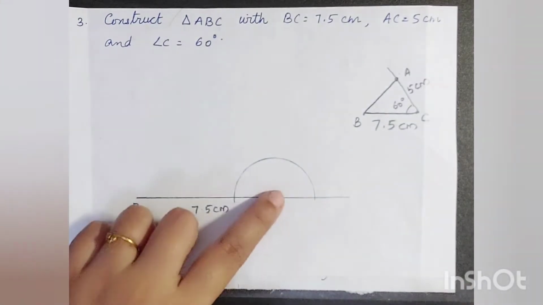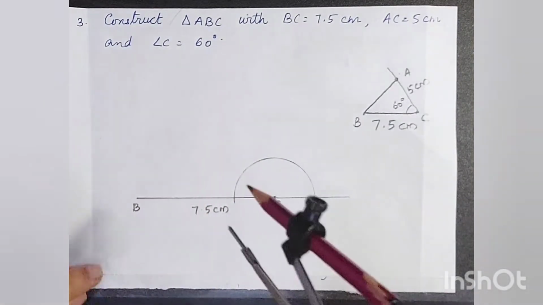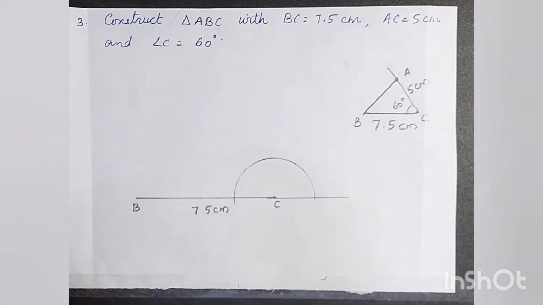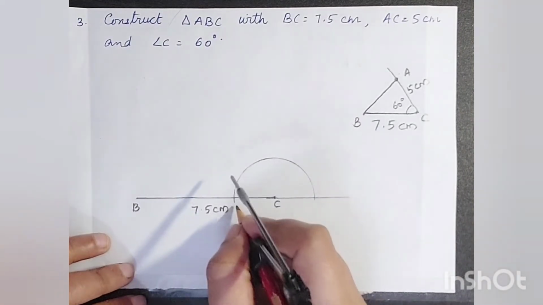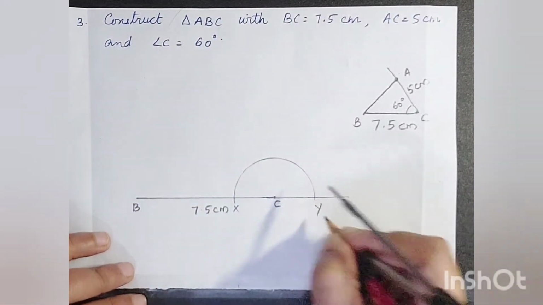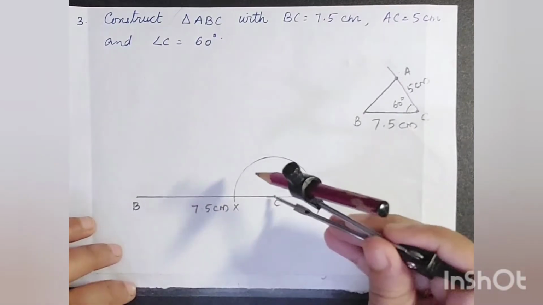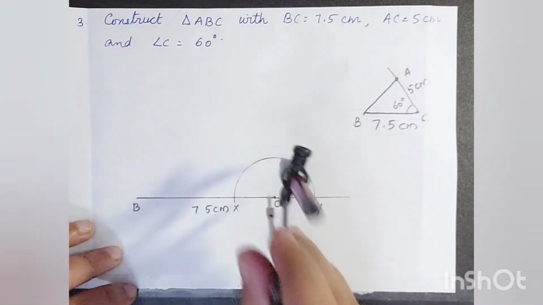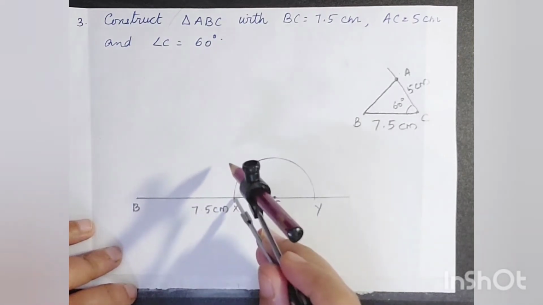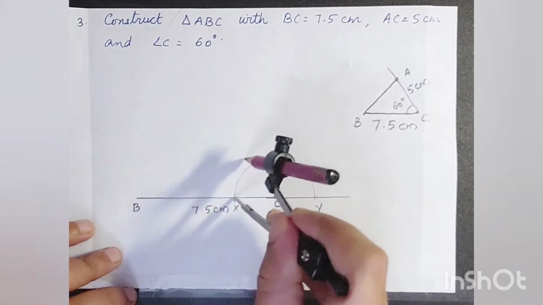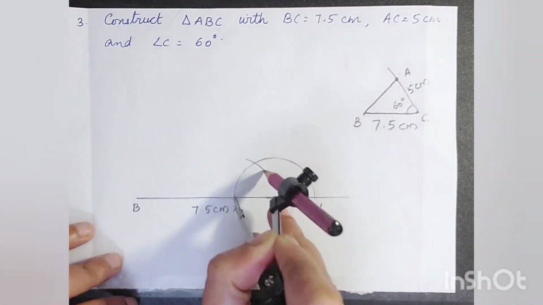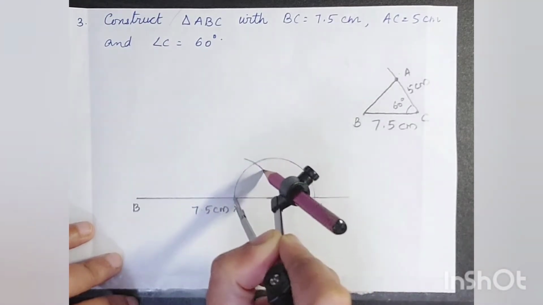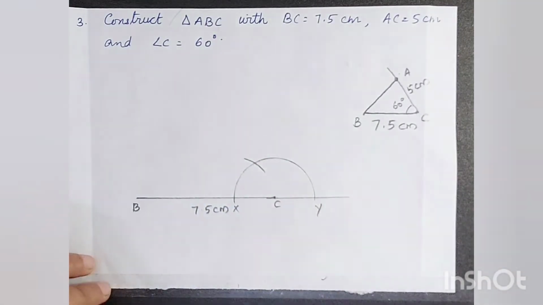Now we have to construct 60 degree this side, right? So with the same measurement, see, let this be X and Y. Okay. So with the same measurement with which we constructed the semicircle, now keep the center at X and draw an arc here such that the arc meets the semicircle.